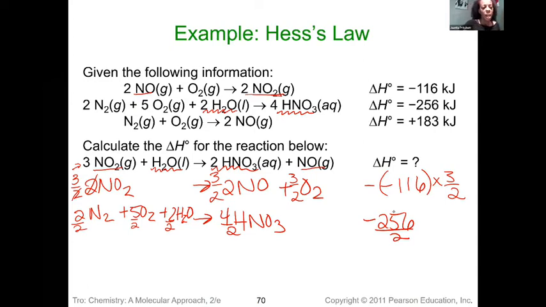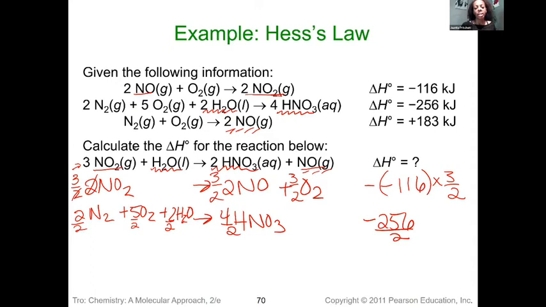And then last but not least, we look at the third equation and we see that we have the NO that's present. And that looks like that's all we have. Now, what you may be thinking is, okay, well, I have some NO and I need it to be on the product side, so I can leave it as is.